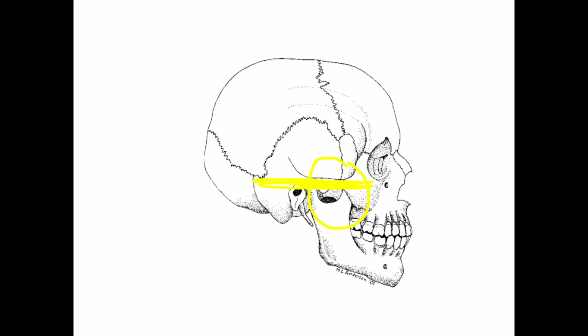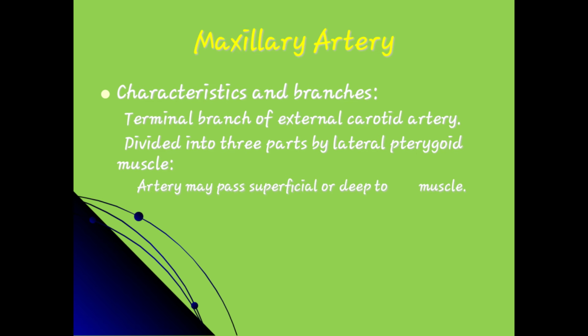Let's check the next slide. On the next slide, we're going to briefly talk about the maxillary artery. We have already explained earlier that it's part of the contents of the infratemporal fossa.